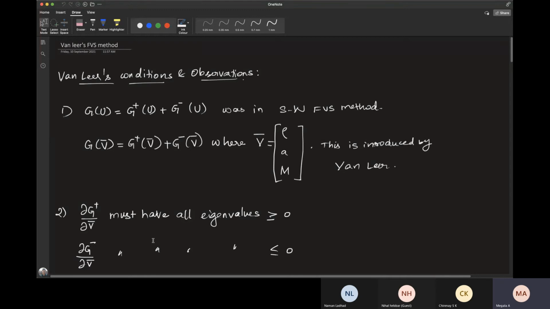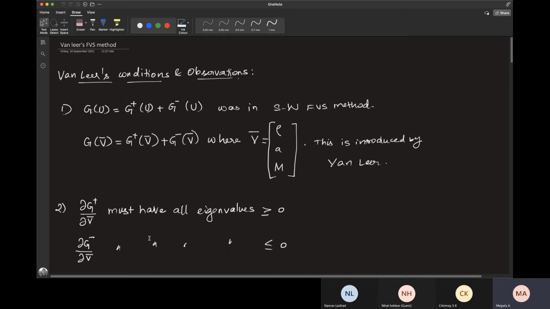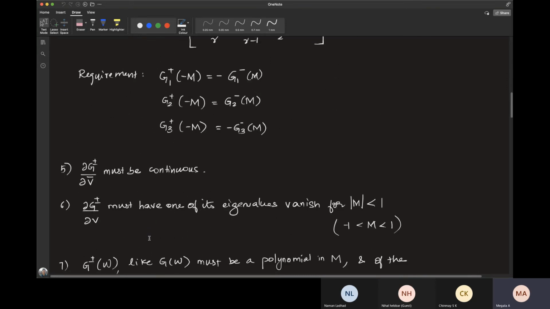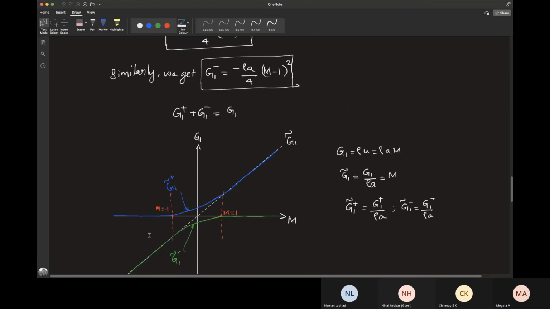We have completed this Steger and Warming flux vector splitting method. So that causes sonic glitches. We have seen all that. So now let us move on to Van Leer's flux vector splitting method. In this method, Van Leer puts certain conditions to avoid the sonic glitches.